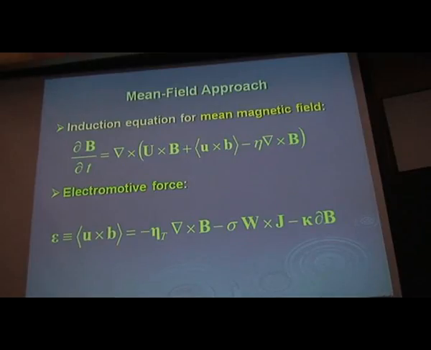But if we impose large-scale velocity shear on the system, then there is non-zero background vorticity, and an additional term in the mean electromotive force arises. This is the vector product of the background vorticity multiplied by J. How is it possible to understand the physics of this, first of all?